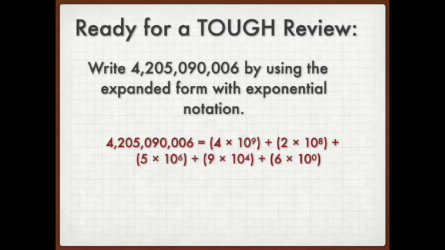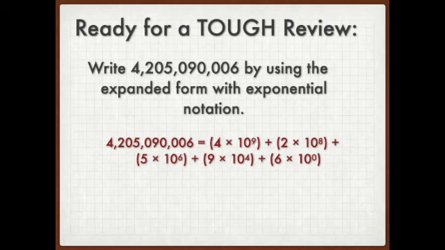Now, if I want to go ahead and make this the expanded form, we've already done this in our first couple of sections. I want to divide this up into parts. I'm actually going to use my exponents. So instead of saying 4 billion, that would be my word form.